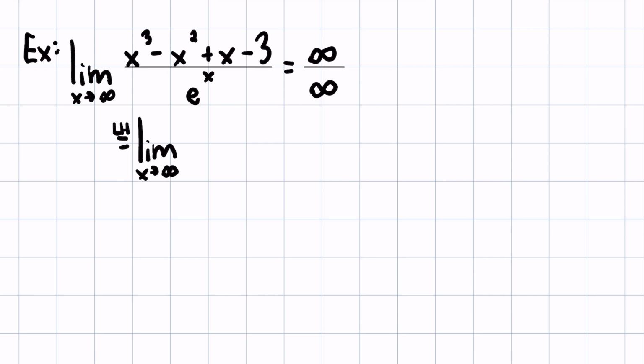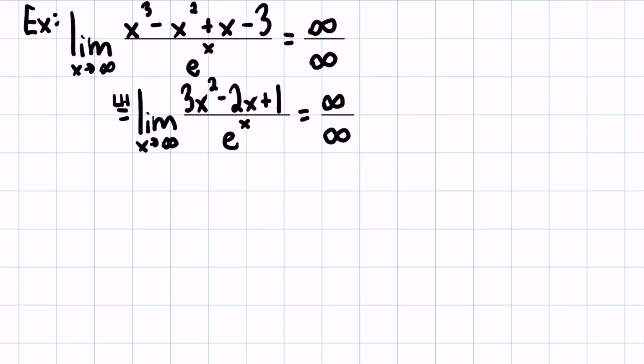So when we L'Hopital this, we're going to have 3x squared minus 2x plus 1 over e to the x. Now, if we plug in infinity again, we're going to still get infinity over infinity because we still have x's in the numerator. So in this case, we L'Hopital again.